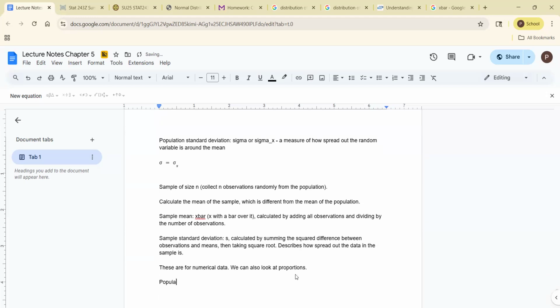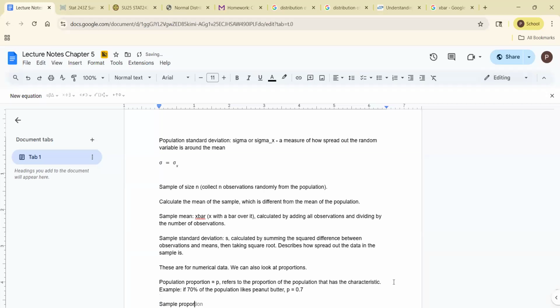So we have the population proportion, which is P. This refers to the proportion of the population that has the characteristic. So for example, if 70% of the population likes peanut butter, P equals 0.7.